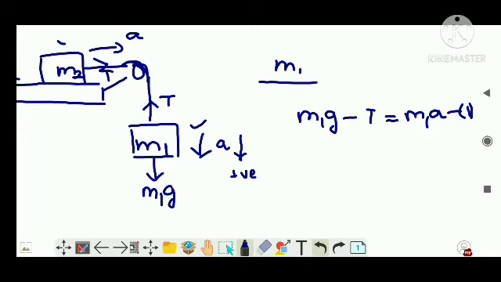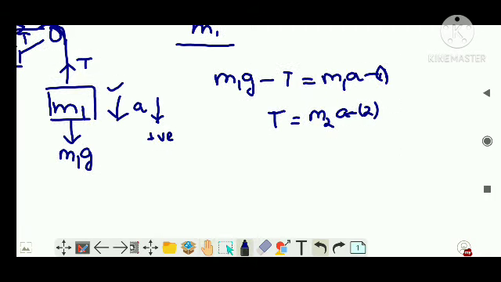Now m2 is moving horizontally only, there is no vertical movement, so I can write T is equal to m2a. This is the second equation. Now add the first equation and the second equation.